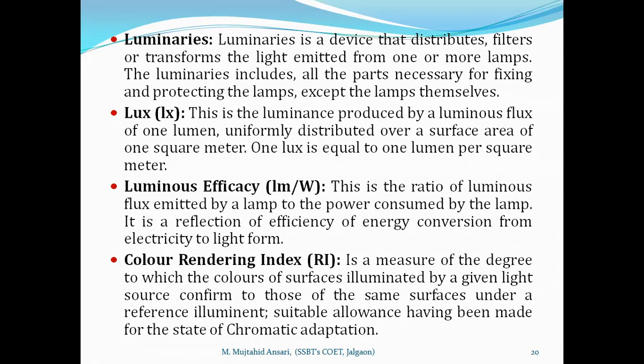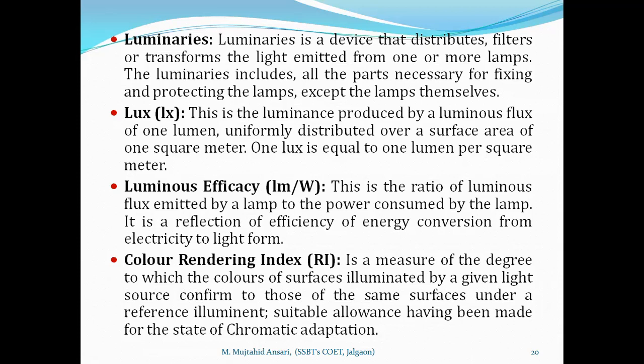Definitely the incandescent lamp, or your simple filament lamp, efficacy will be smaller. Somewhat higher efficacy is the mercury vapor lamp, sodium vapor lamp, and higher efficacy for the LED lamp. So the efficacy of each type of lamp is different, and the lowest efficacy is the incandescent lamp.